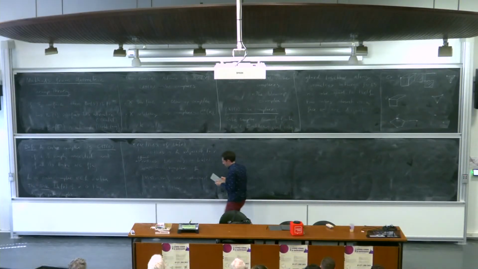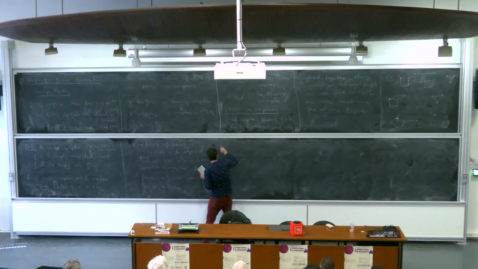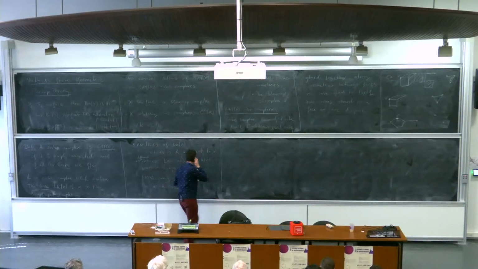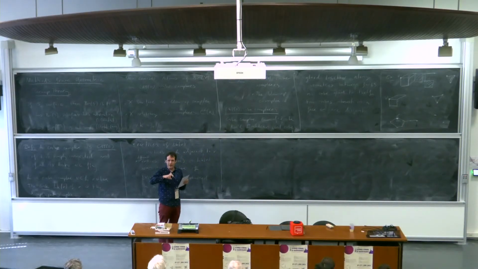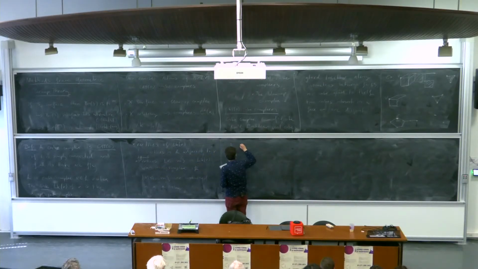Good. Okay, and now a simplicial complex is flag if whenever we have a subset of pairwise adjacent vertices, then they have to span a simplex. So we don't want to have holes in some ways.